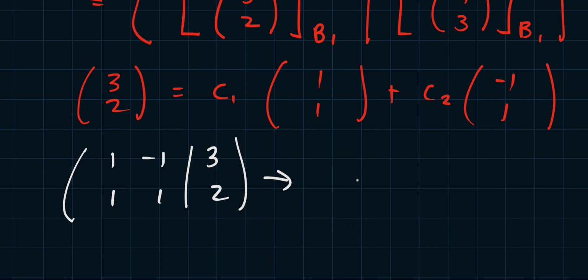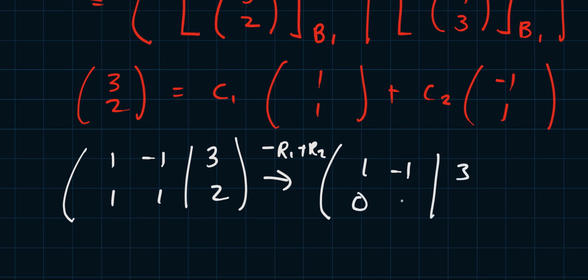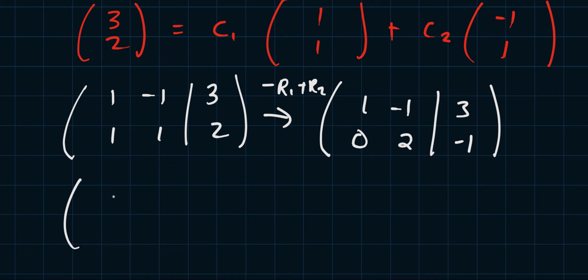Put this in reduced row echelon form. That shouldn't be hard. So let's see. I'm going to subtract row 1 from row 2. So I'll get 0. This will be 2. So negative 1. Then divide by 2 in the second row.